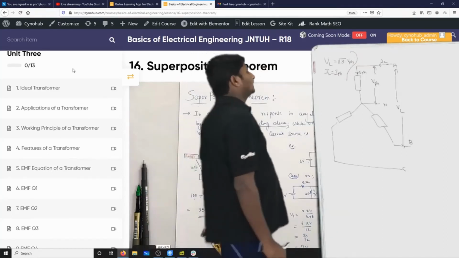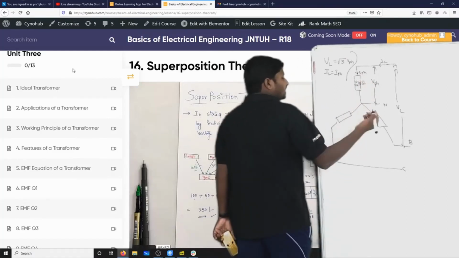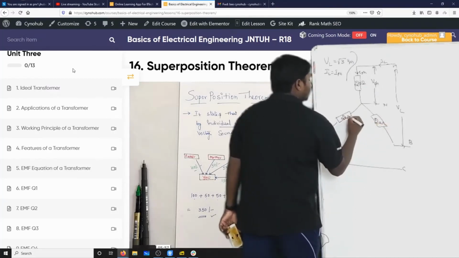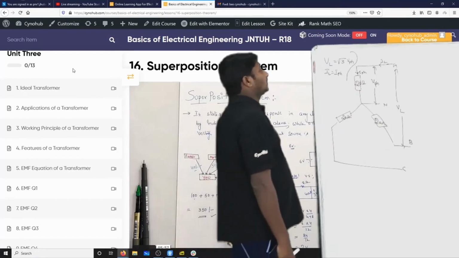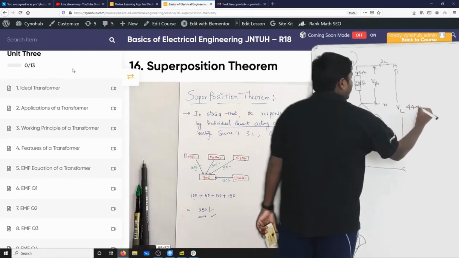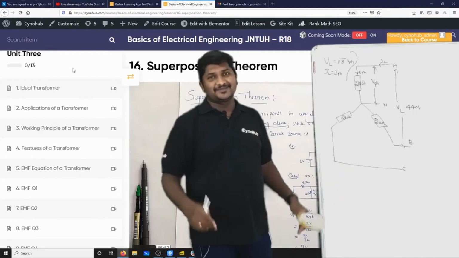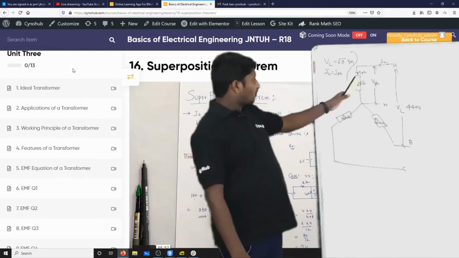Now listen here. Some problems will consist of this element as a resistance, maybe 20 ohms, 20 ohms, 20 ohms, a balanced circuit, because you have only balanced circuit. And line voltage is something like 440 volts. They will ask you to calculate the phase current. So tell me, what is the phase current?